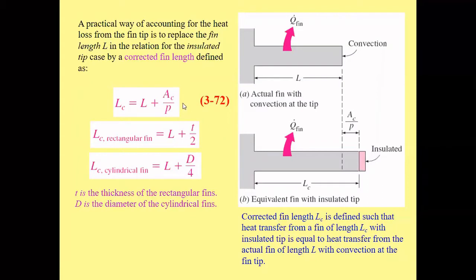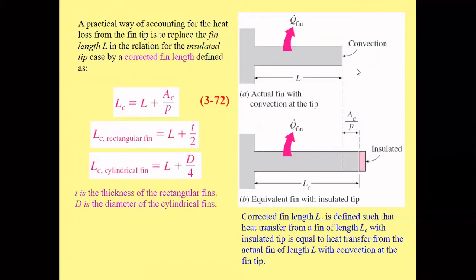This is called the corrected fin length. So this corrected fin length is actually an equivalent length where you have an insulated fin tip.